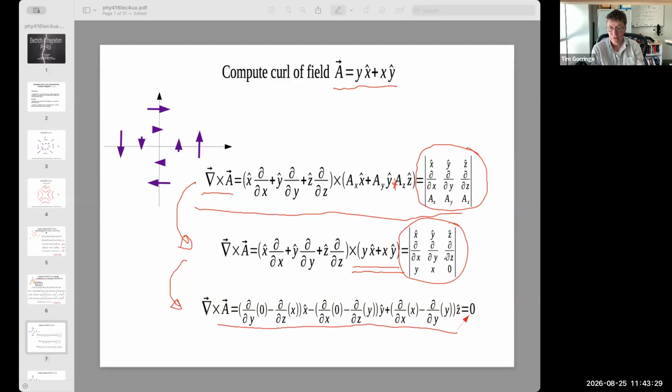Then the next step for evaluating the circulation of my vector field, I just wrote out the determinant of this particular matrix. The determinant will have in general an x component that is the difference between this d by dy acting on this 0 and this d by dz acting on this x. And so you see those two terms here and here.